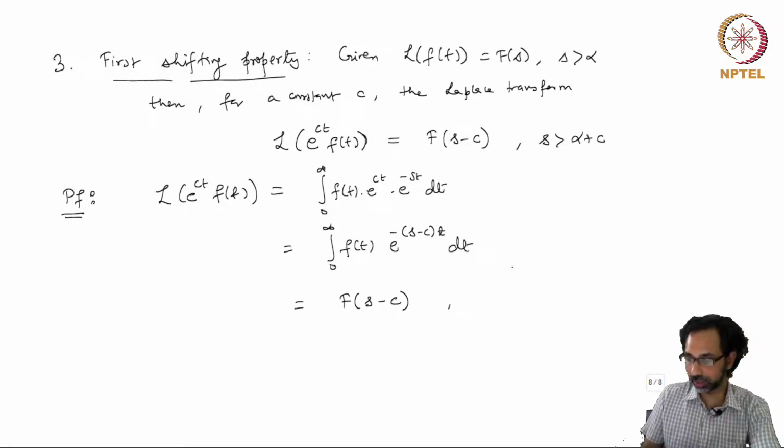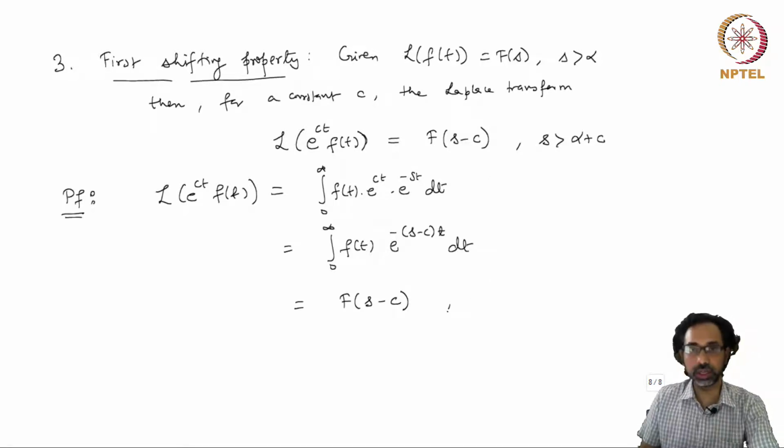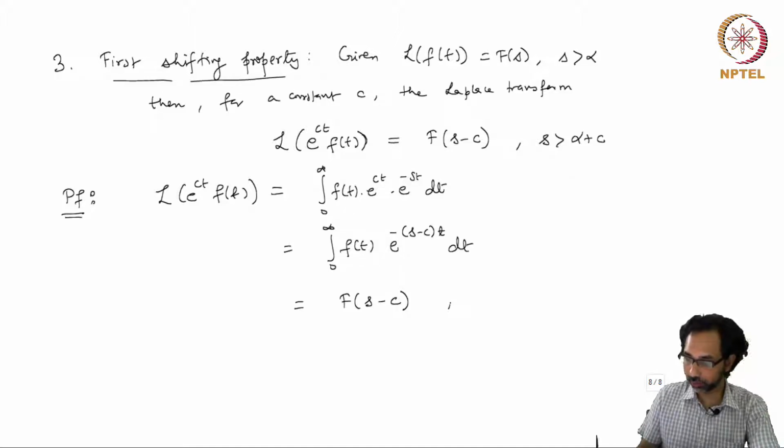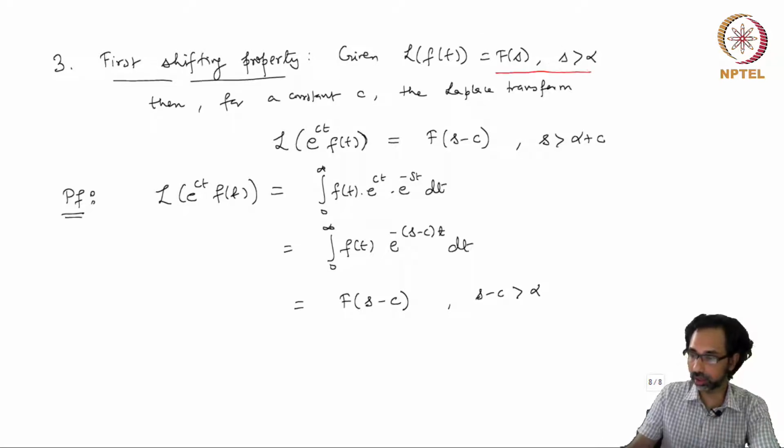So the only thing that remains is to compute the region of convergence, but we need s minus c to be greater than alpha because our initial function F(s) is defined for s greater than alpha. So s minus c should be greater than alpha, but this is nothing but s greater than alpha plus c.